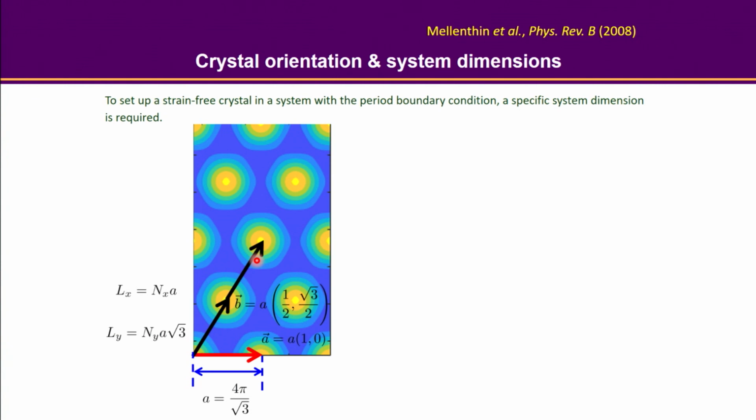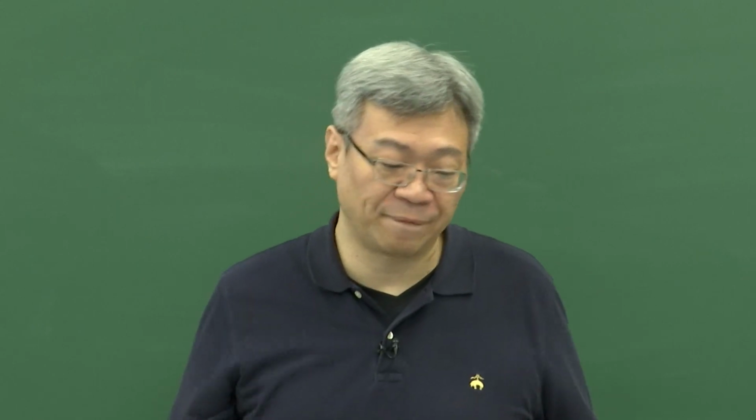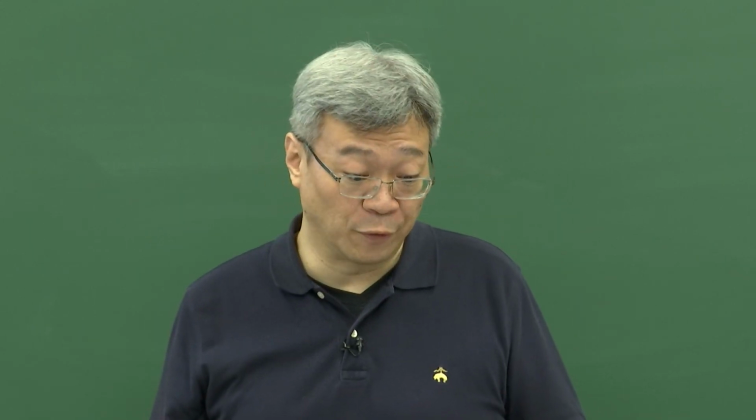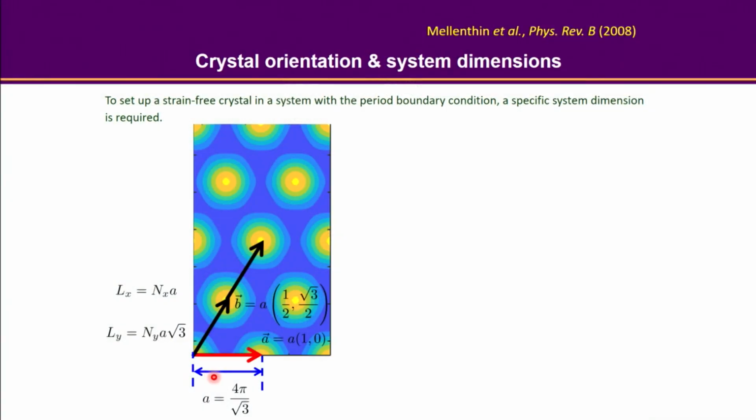You can set up how many unit cells, n by n, you're going to have. In this case it's quite straightforward: in the horizontal direction it will be a multiple of 4 pi over square root of 3, and in the y direction multiples of 4 pi. Then you can always fit in several triangle lattices.